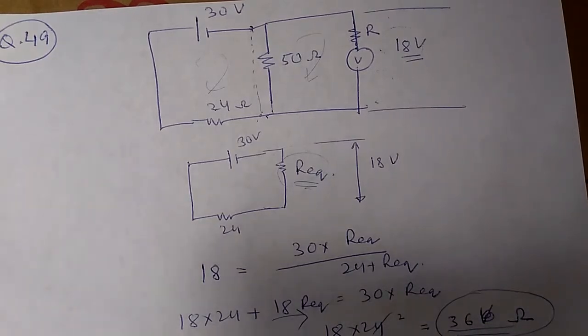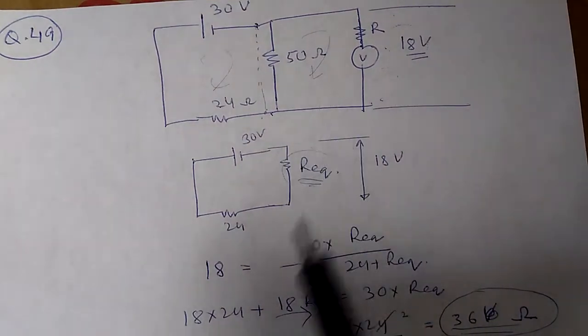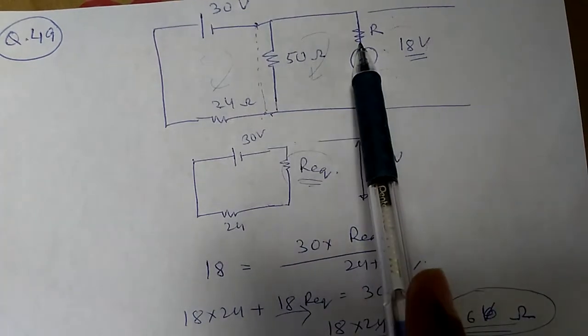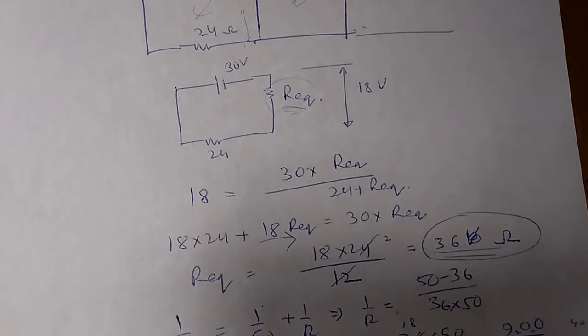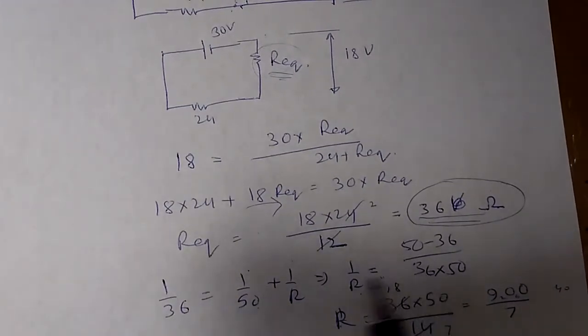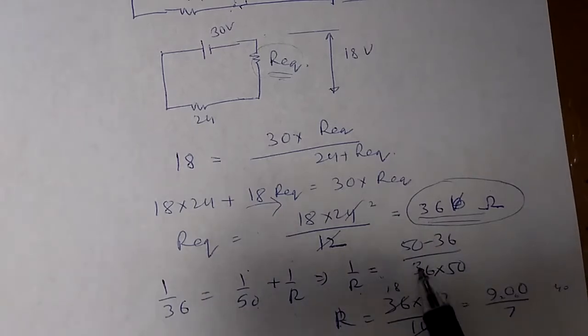And then we can use this formula: 1 upon Req is equal to 1 upon 50 plus 1 upon R. So 1 upon R is 1 upon 36 minus 1 upon 50, which is 50 minus 36 divided by 36 into 50.